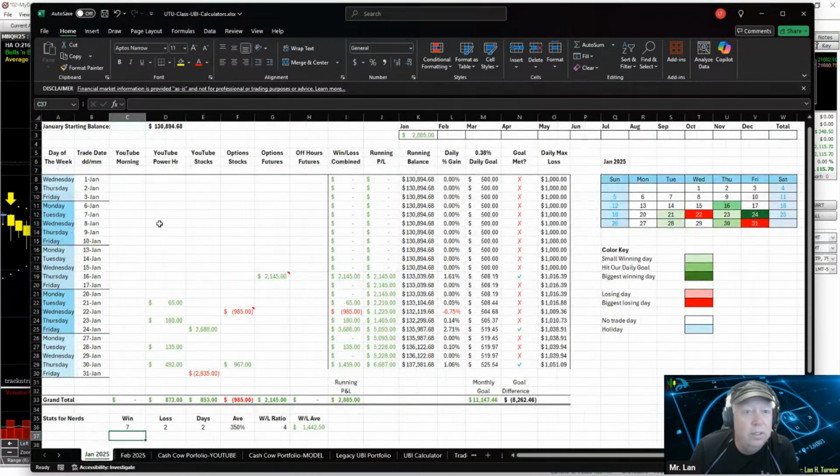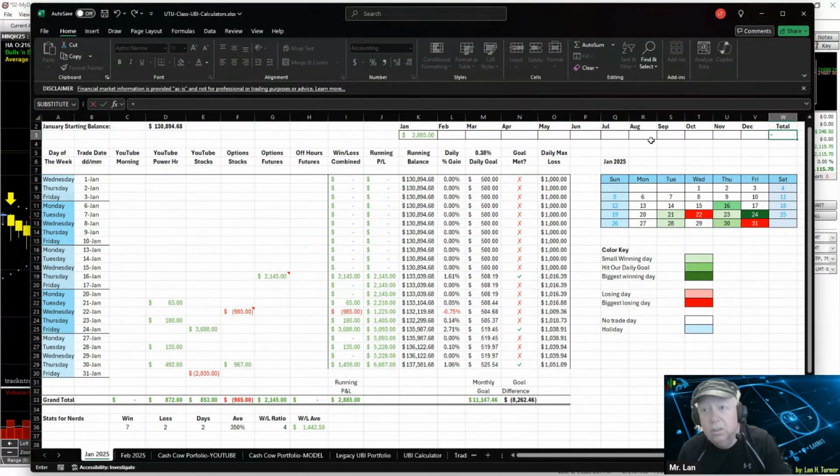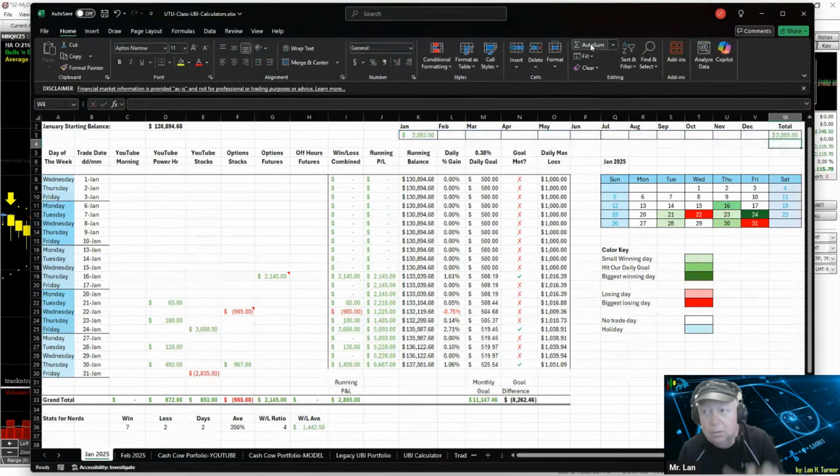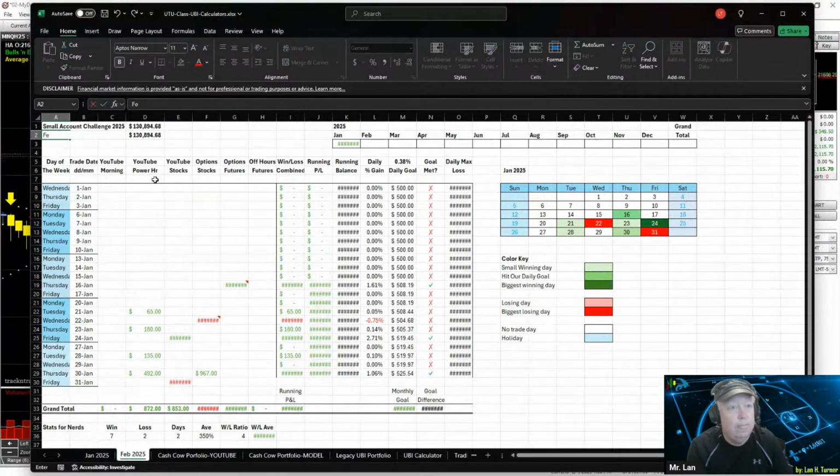All right, so we ended up with, what was our total? Equals. Let's see, we don't want equals. We're going to come in here and go sum, auto sum. There we go, 2,800. And we've got to come over here. Challenge, we start at 130, January starting balance. Now we've got to go February starting balance.